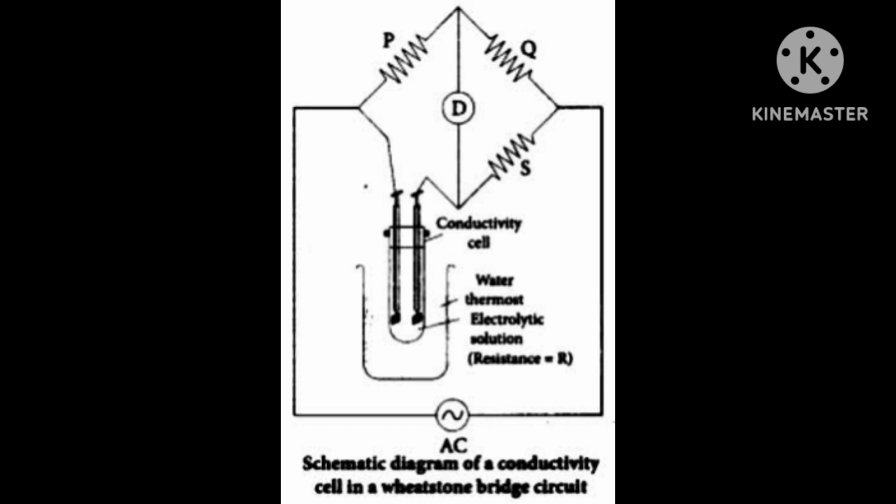Why the Wheatstone bridge? Because you want to determine the resistance of the solution, the R value. Why not kappa? If you want both R and kappa, why did you select the R value?